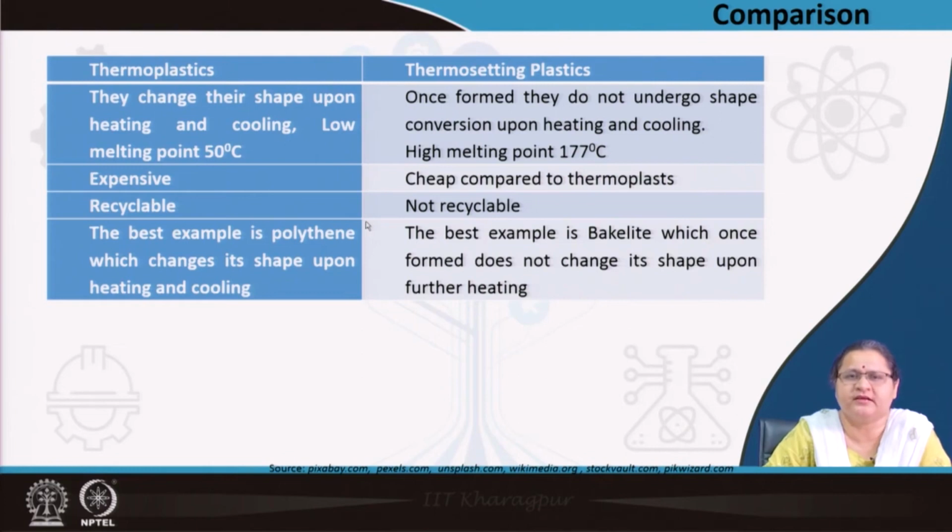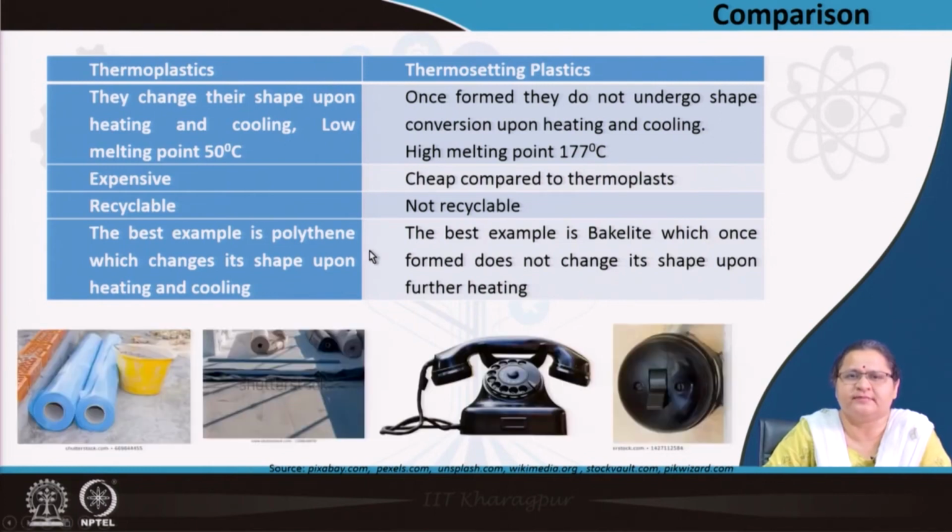Thermosets, the very popular example is bakelite. As you can see, the early day switches, the early day telephones, they were all made of bakelite. Even our handles of utensils, pressure cooker, they are also made of bakelite. Whereas you see the other two pictures on this side, here it is polyethylene which is used as a damp proofing membrane for roofing.